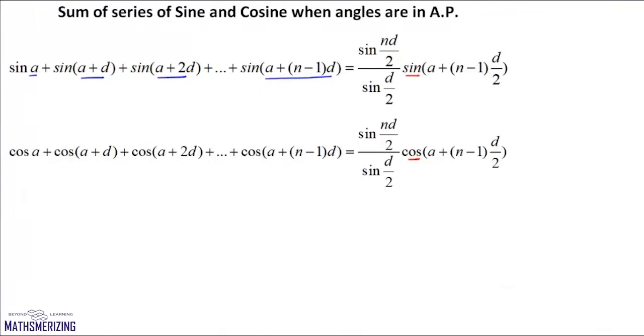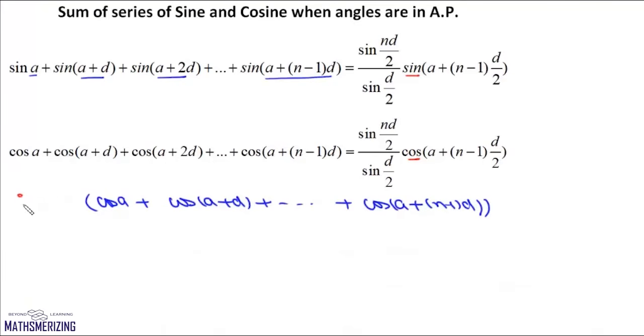Now in the same way, we'll prove this second formula. So we'll start with cos A + cos(A+D), and this series will go all the way up to cos(A+(n−1)D). Now again, we'll multiply and divide with 2 sin(D/2).